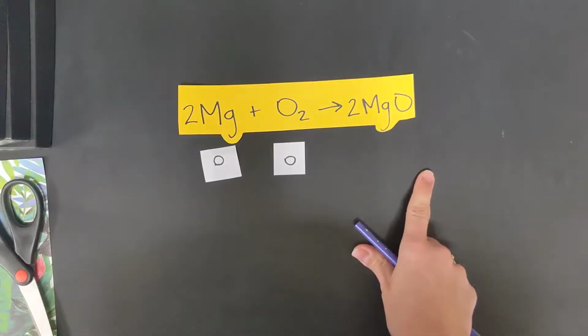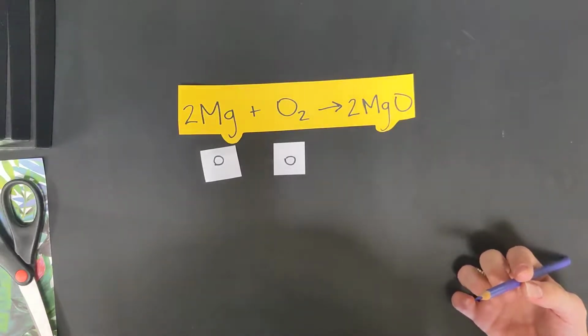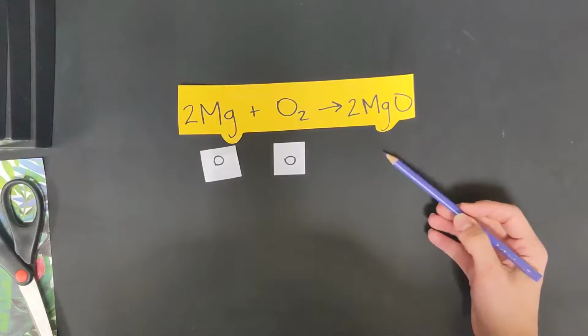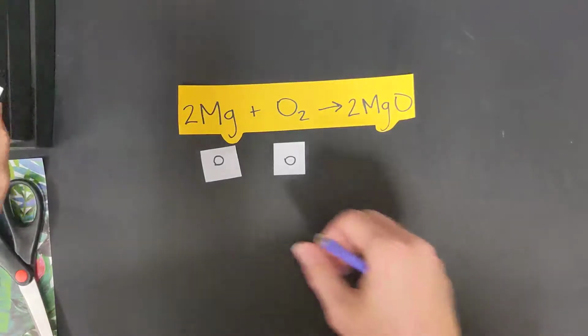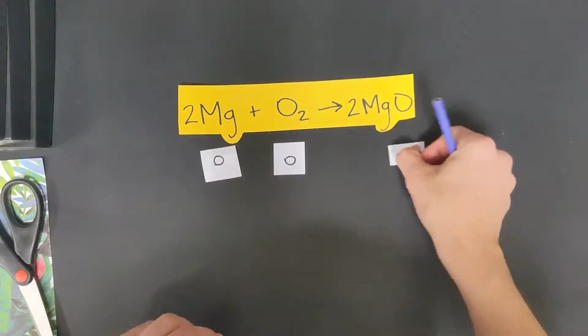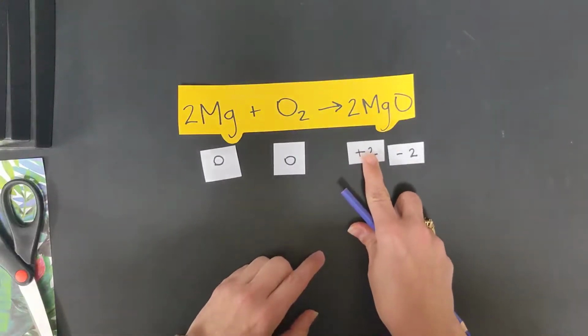But what about Mg and O? Well, we can use the typical charges from the periodic table to determine how many electrons they likely gained or lost. And we know that oxygen generally has a -2 charge, and Mg normally has a +2 charge.